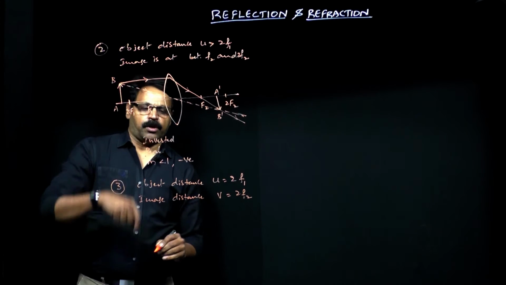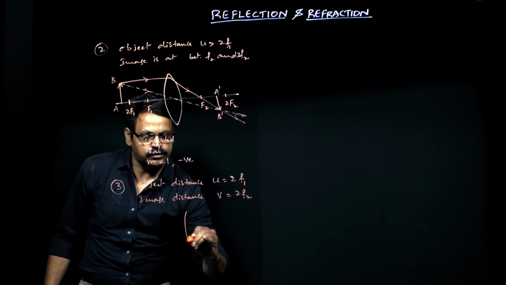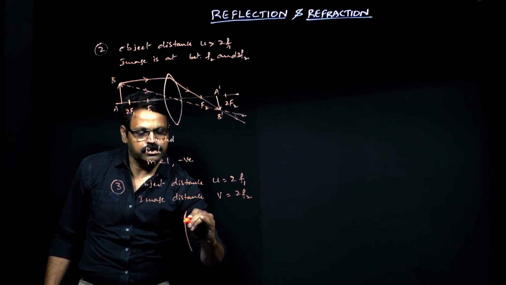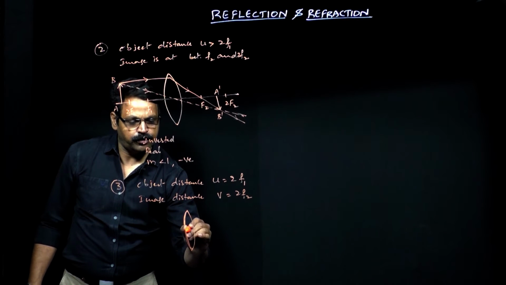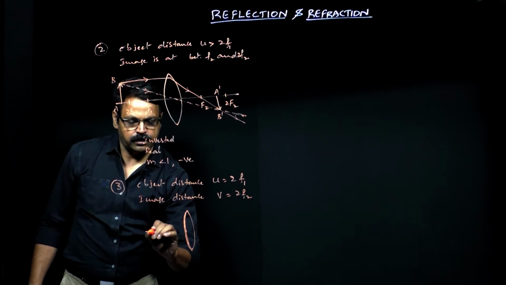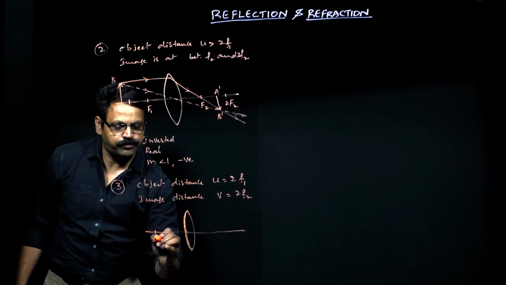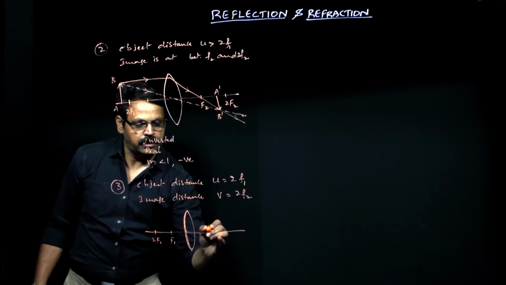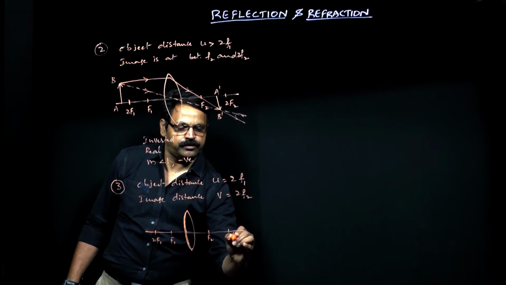This is the lens I have, and let us say this is 2f1, this is f1, this is f2, and this is 2f2.